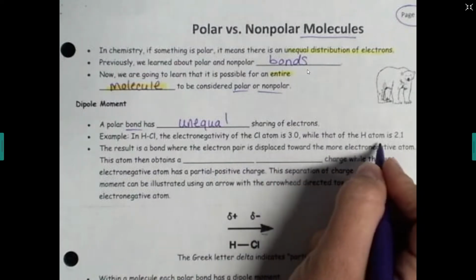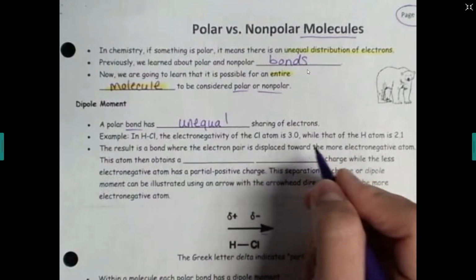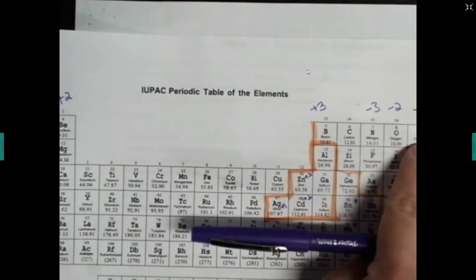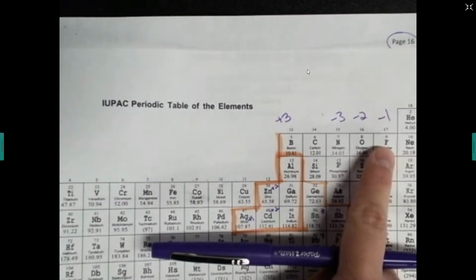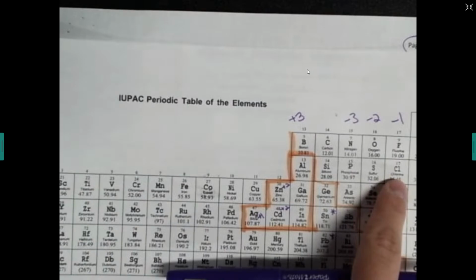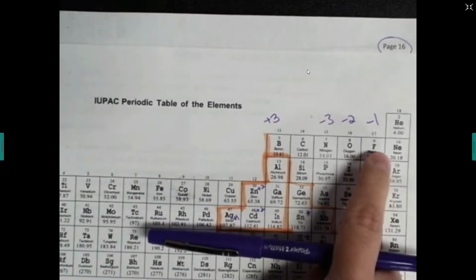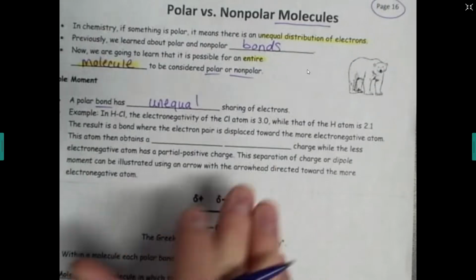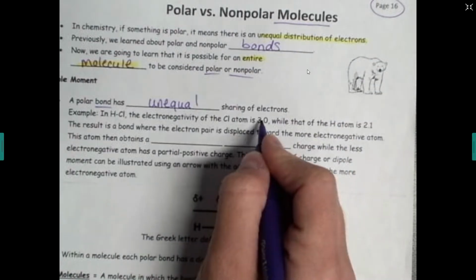Basically, all you need to know is that chlorine has a higher electronegativity, which we know because if we look at the periodic table, chlorine is closer to fluorine. That follows the trend: as we go to the right, electronegativity increases.